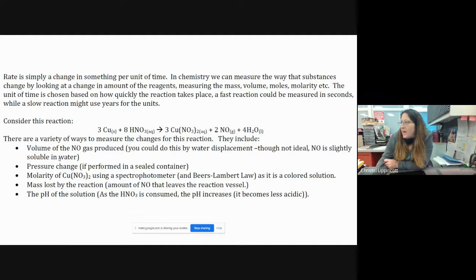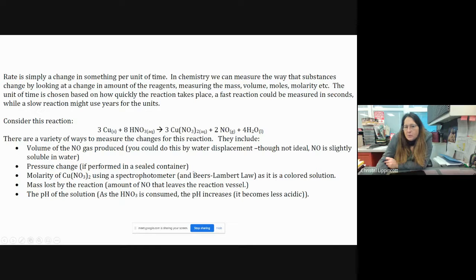You guys saw that on one of your worksheets, I believe. We talked about how certain things would not be a good candidate for that because it's dissolving in the water. You could do a pressure change because you're creating gas here. So you could choose pressure change if you had a sealed container.